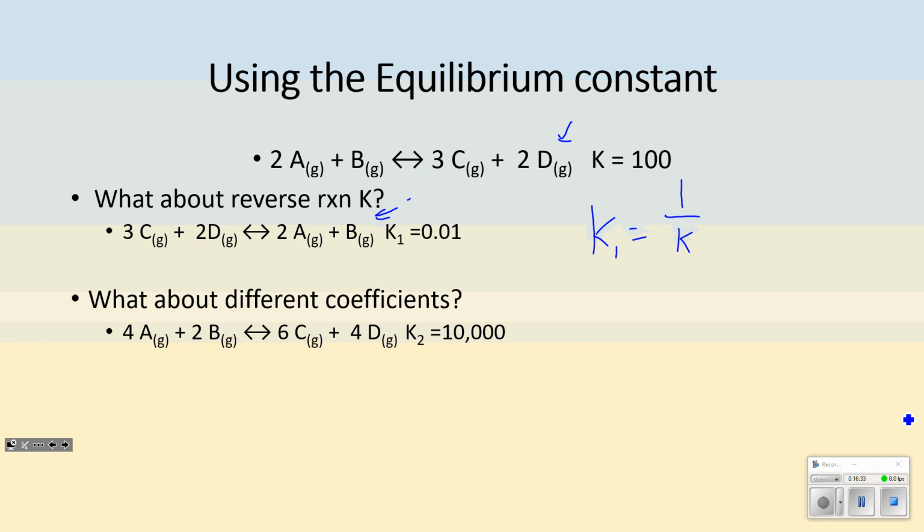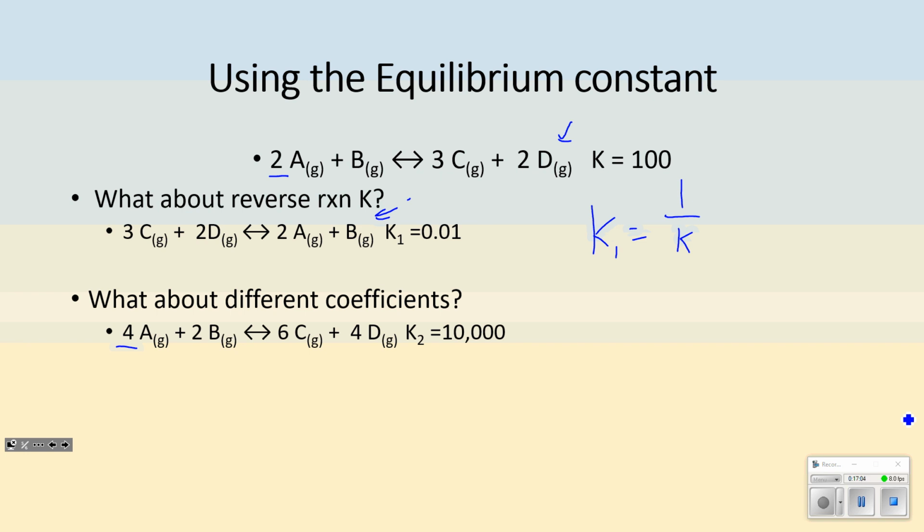The last thing I have is notice the difference in this last equation versus the first is I just doubled all of the coefficients. Now, if we think back to Hess's law again, if I doubled it, then you would have multiplied by 2. However, to solve for K, you have to take things to the power of their exponent, not multiply them.